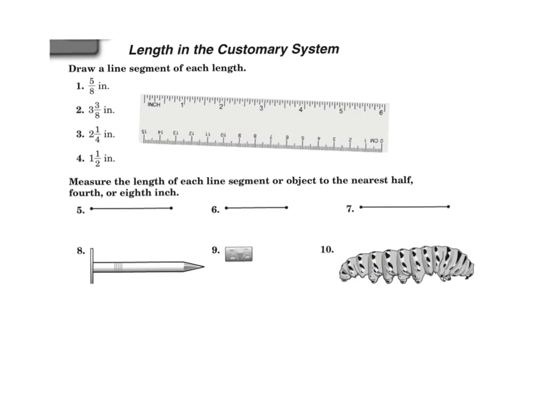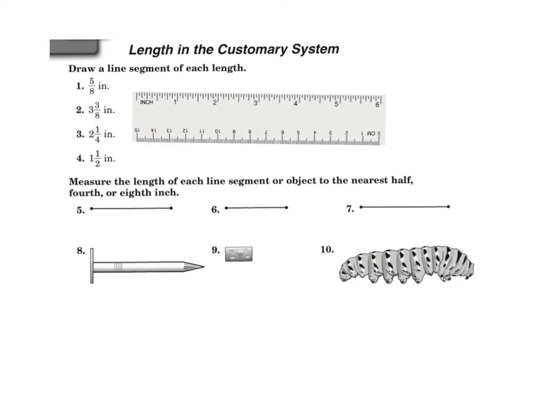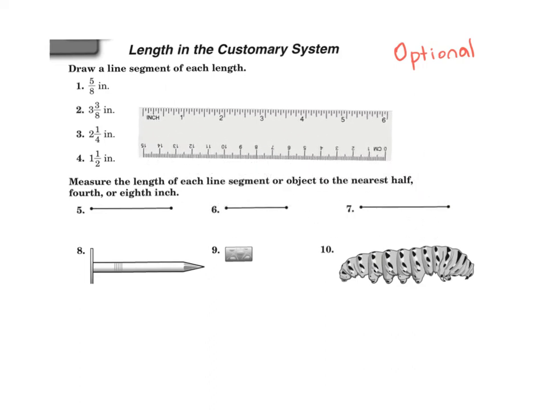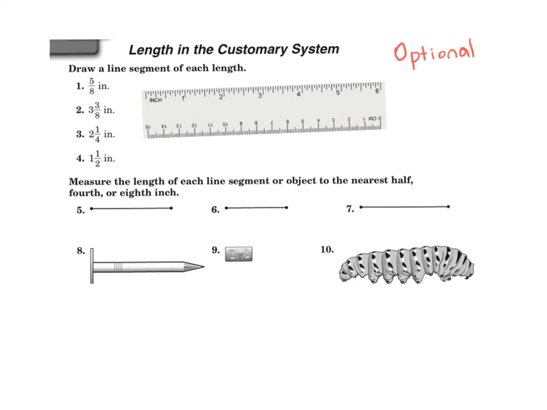So if you want to do that into Notability, that's fine. But this page here, let me label, is optional if you don't have a ruler. You could get a clip art ruler, or you could skip it. That's totally okay. I just took a picture of it and inserted the ruler on.